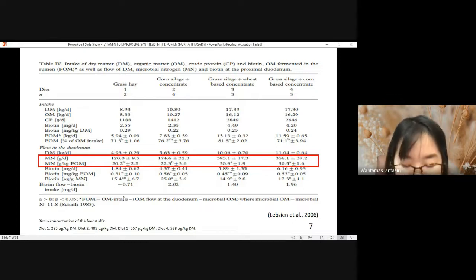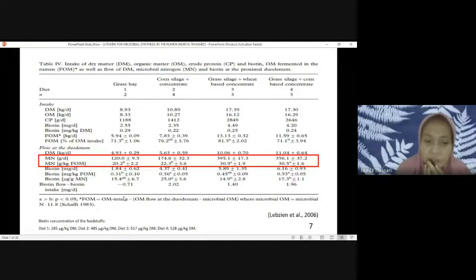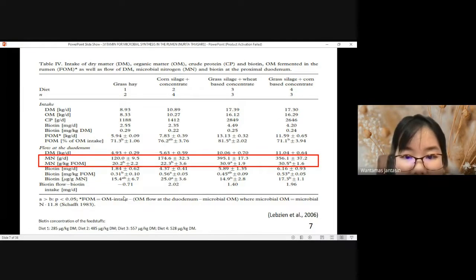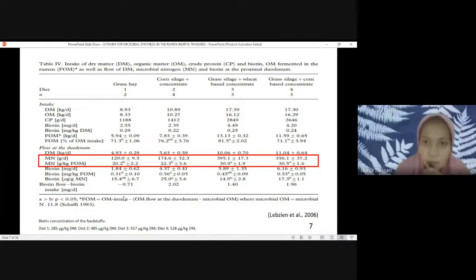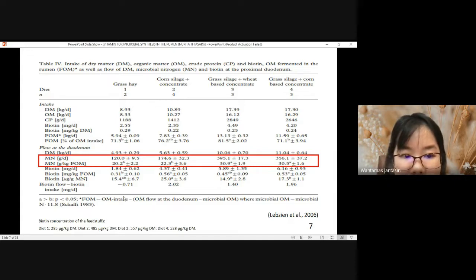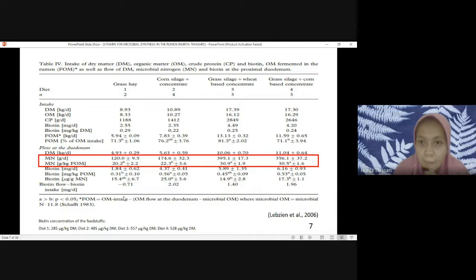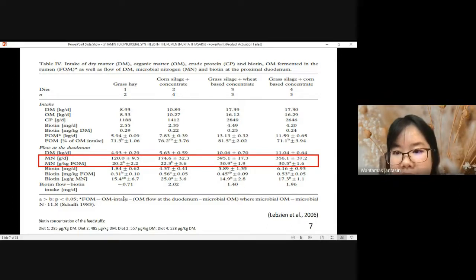Can you explain more about the mechanism or relationship? Would you please repeat? I'm sorry. When we look at diets 3 and 4 in this table, it seems MN in the duodenum is improved, higher than in treatments 1 and 2. Yes. So can you explain this?